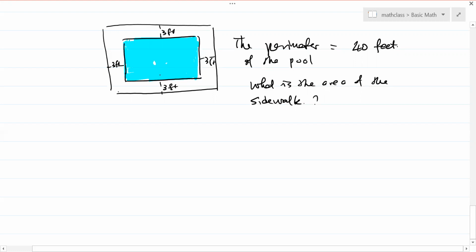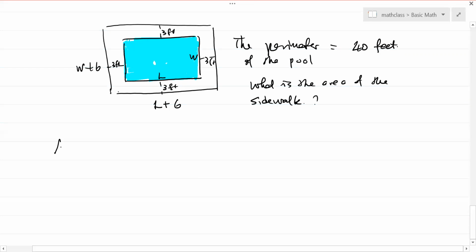Now, if this side is L, this side is W, okay? Then all you have to do is just express the length of the larger rectangle by L plus, on both sides, it's going to be L plus 6, and here's W plus 6.